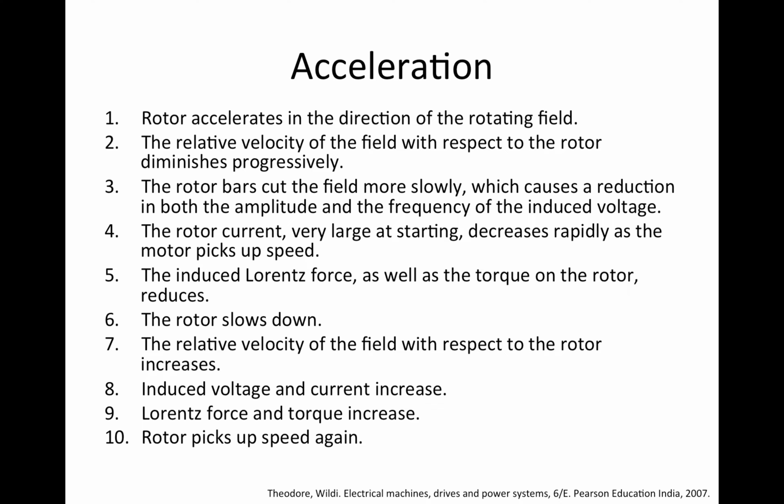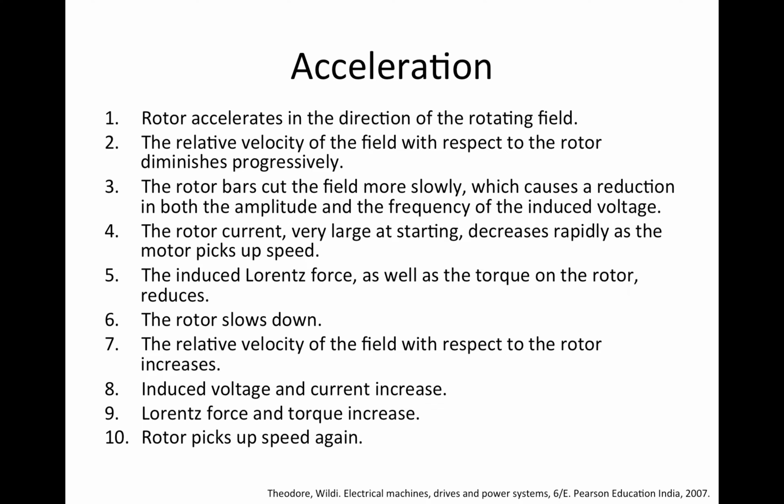So effectively, the rotor is going to experience this kind of cyclic sequence of events, right? And this cyclic sequence of events all happens during an instantaneous amount of time. It's very, very fast. You cannot actually detect this kind of cyclic behavior. So the overall appearance is that the rotor rotates at a speed that is slightly less than the synchronous speed, right?